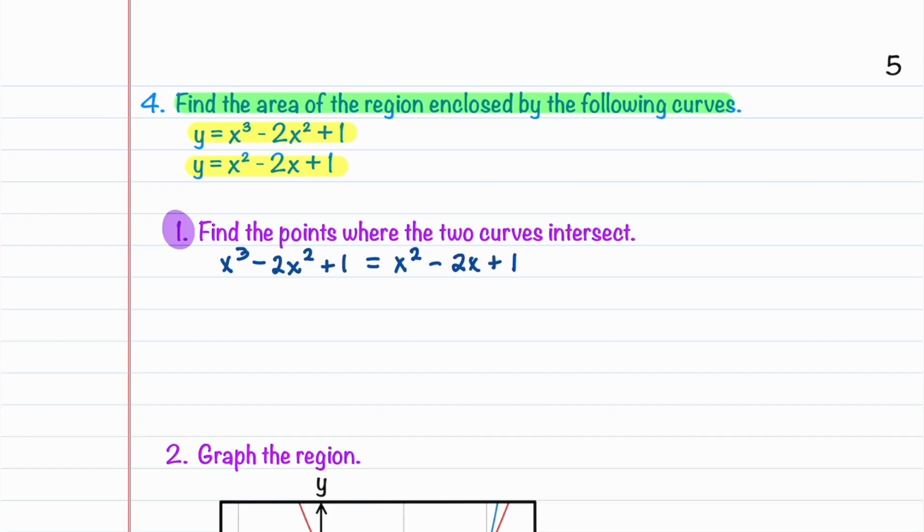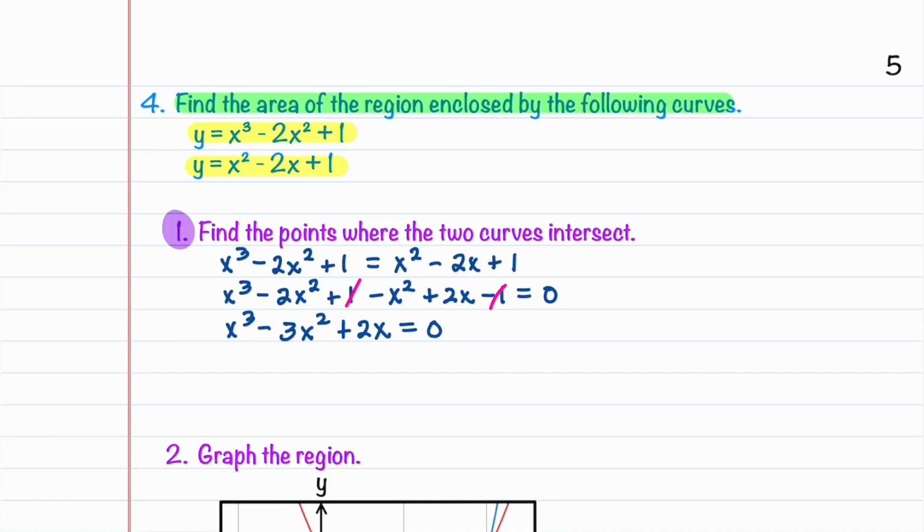Let's go ahead and pull everything over to the left. We have x cubed minus 2x squared plus 1 minus x squared plus 2x minus 1 is equal to 0. Our 1's are going to cancel out, and we have x cubed minus 3x squared plus 2x is equal to 0.